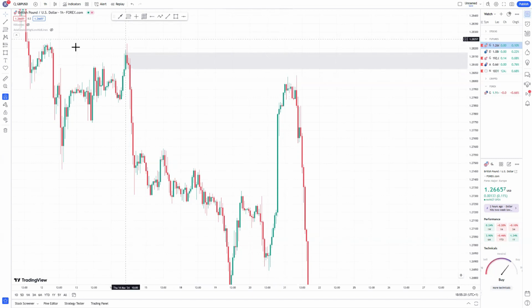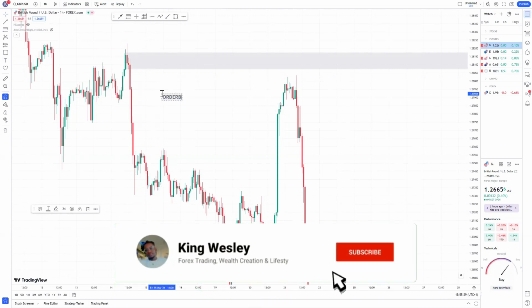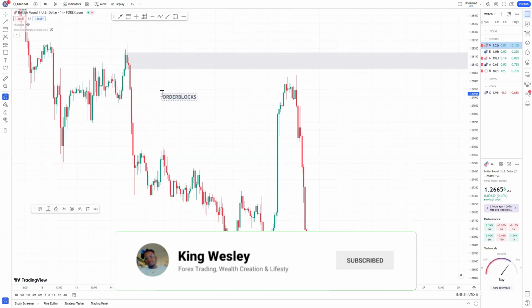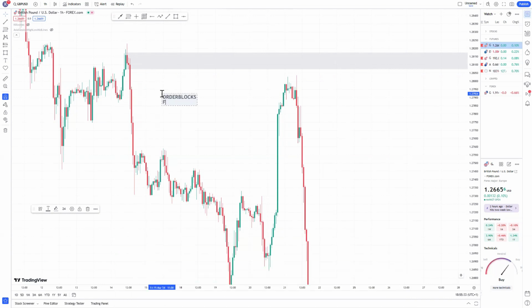Now we have other entry methods. Number one is using order blocks. Now we also have fair value gaps, FVGs, which can also be referred to as imbalances. If you check my YouTube video, you're going to see I've made lots of videos on imbalances.